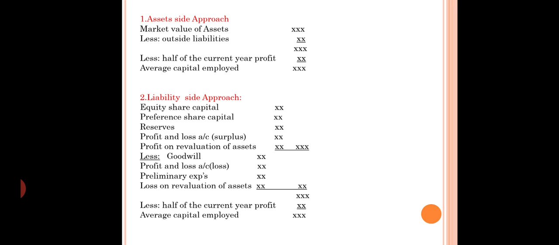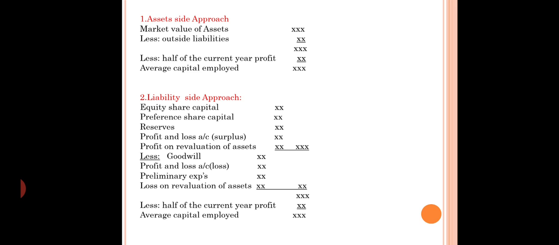Then less outside liabilities. All of you know the outside liabilities may be debentures, creditors, bills payable, bank overdraft, or provision for tax. In addition to this, if any non-trading investment or non-trading profit is given, that should not be included in the assets.